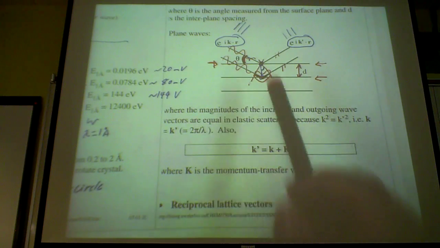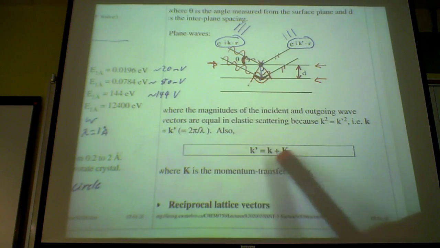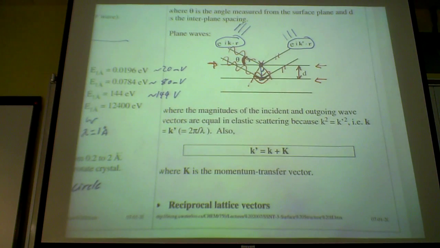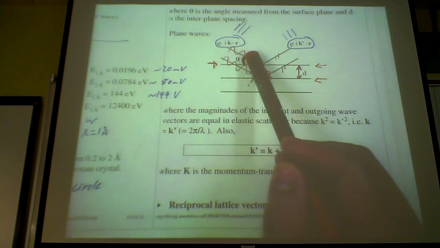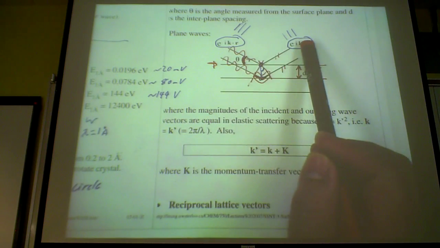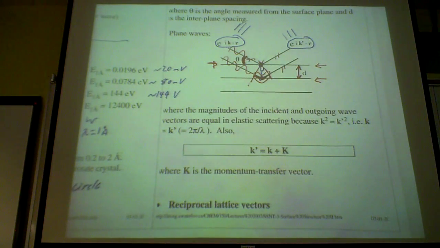Okay, so in other words, k prime must equal k plus some change in direction called the momentum transfer vector, because you add a third vector to change the direction of k to k prime. That third vector is called the momentum transfer vector. And this is the interesting part, because the momentum transfer vector will introduce something called the reciprocal lattice vector, as we'll see shortly.